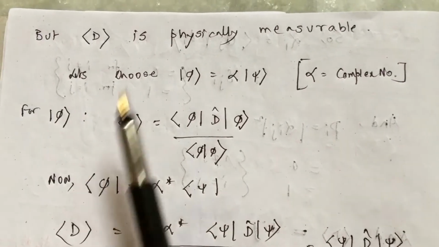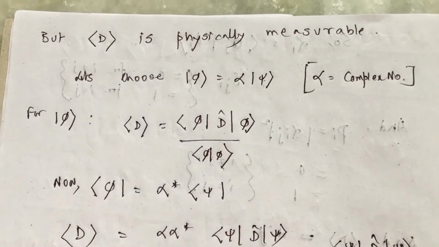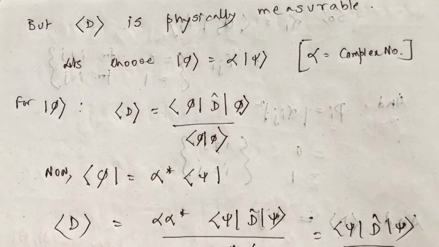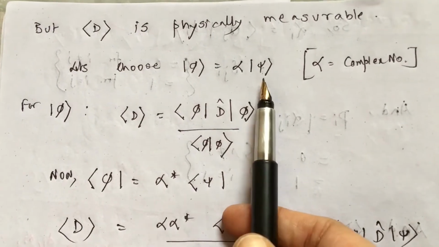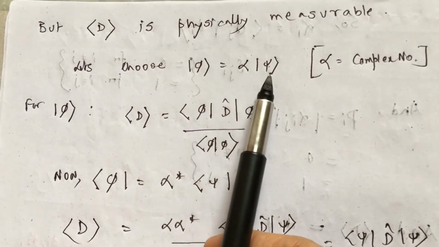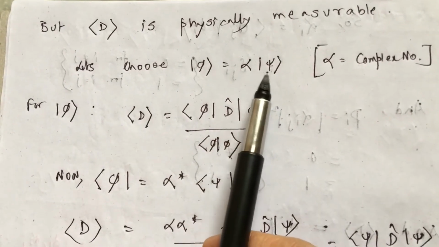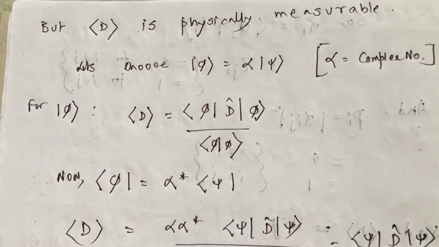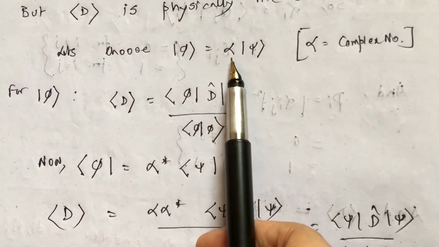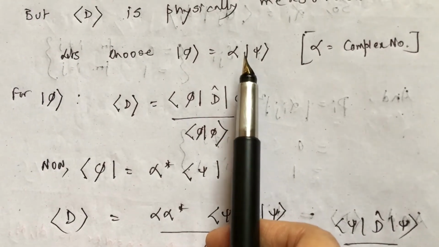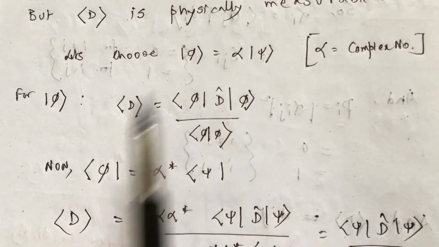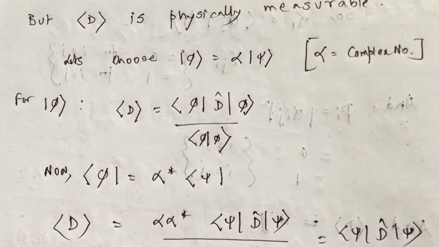As the expectation value of this variable D is a physically measurable quantity, I can measure it in psi and in phi also, where phi is just a modification of psi. Psi is now multiplied with a complex number alpha, which modifies the length of psi, but the state remains the same. What I mean to say is phi and psi are the same eigenstates.